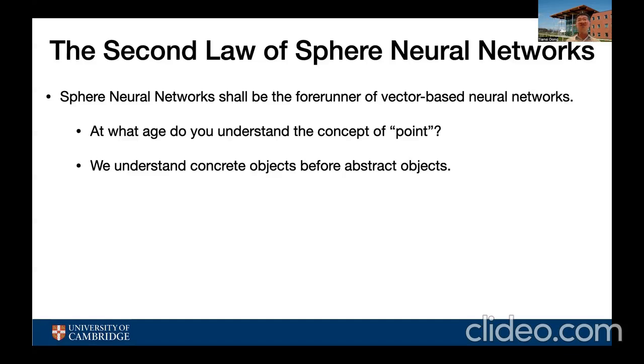So there should be some sphere neural network manipulating these concrete objects, representing them, and then solving problems. And then step by step, these evolve to develop an abstract concept like point. The question is, how can we use spheres to represent the concrete physical environment around you, to simulate when you are a baby?